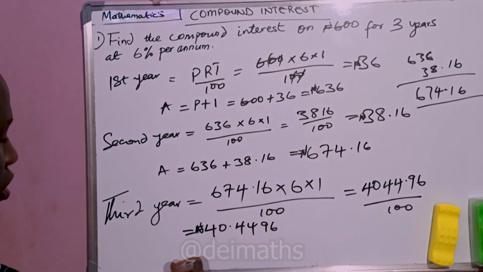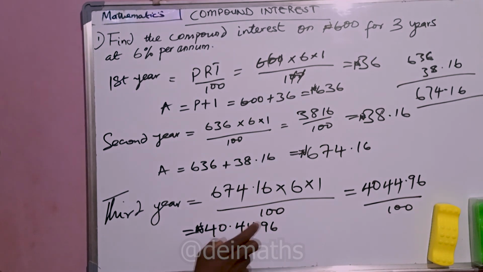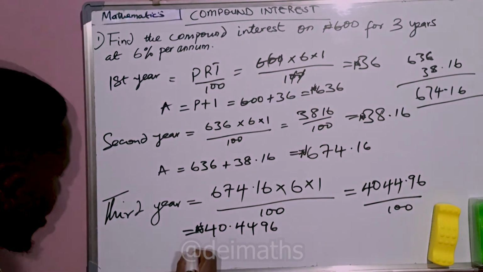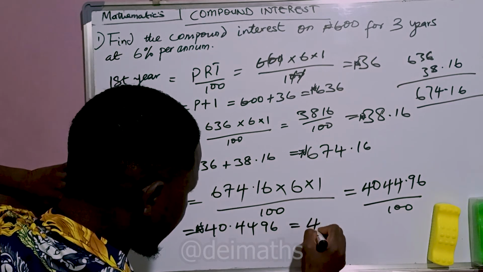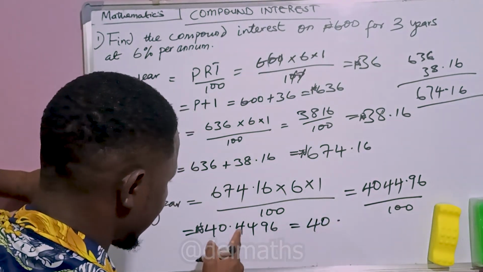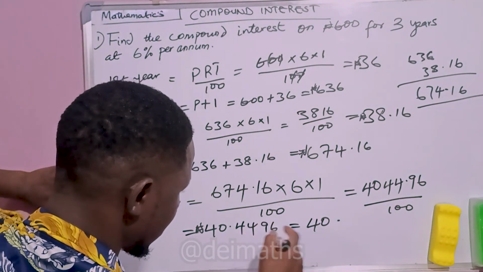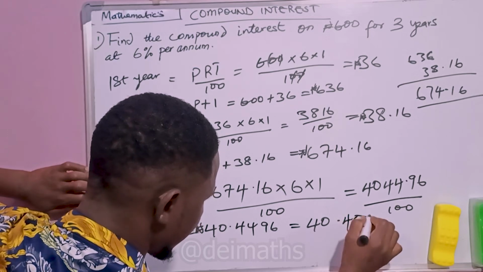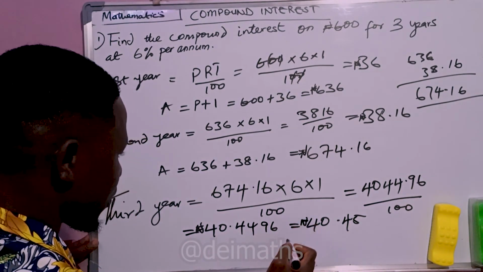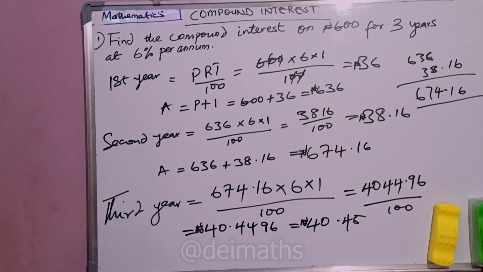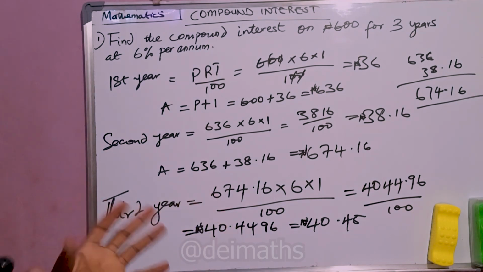Let's just move it to 2 decimal places, which is equal to 40.45. That is 40 naira 45 kobo. Now this is our interest after the third year.